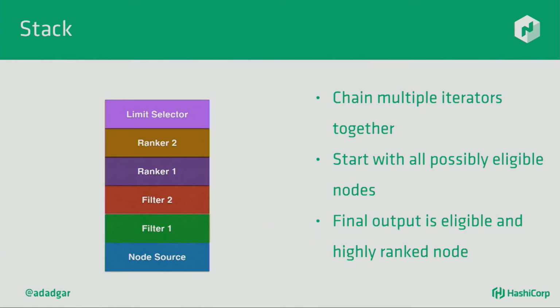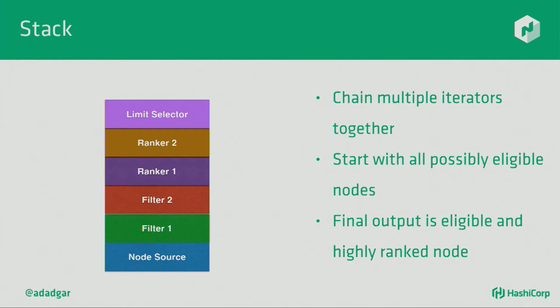So the way we do that is something Nomad calls the stack. For every placement the Nomad needs to do, it constructs what we call the stack. So in that example job file, when count equals 3, if it needs to place 3, we'll construct the stack 3 times. The stack is composed of simple iterators that are chained together.